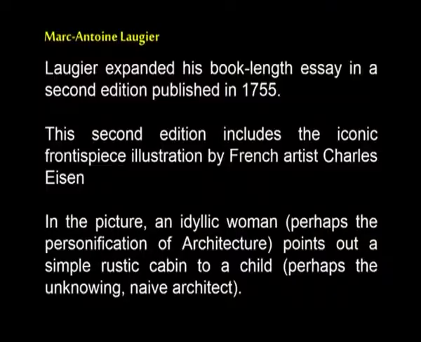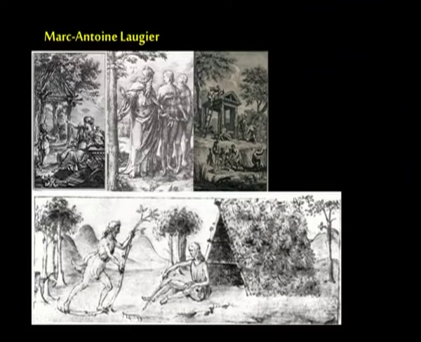This second edition includes the iconic frontispiece illustration by French artist Charles Eisen. In the picture, an idyllic woman, perhaps the personification of architecture herself, points out a simple rustic cabin to a child, perhaps the unknown naive architect. Let us take a look at the picture.